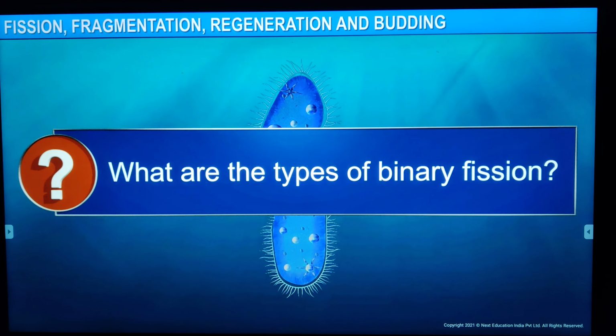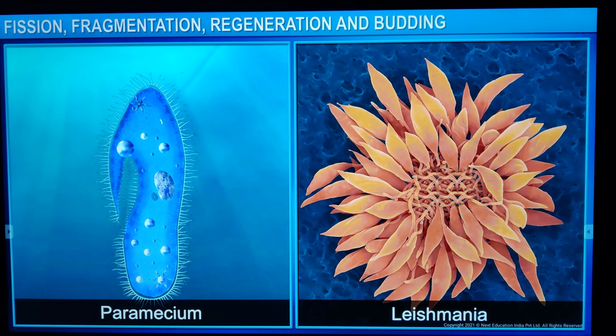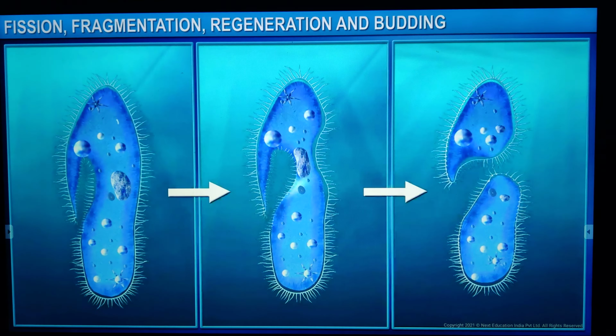Types of binary fission. All organisms do not divide in the same way. In organisms like Paramecium, the animal transversely divides into two daughter individuals. This type of splitting is called transverse binary fission.